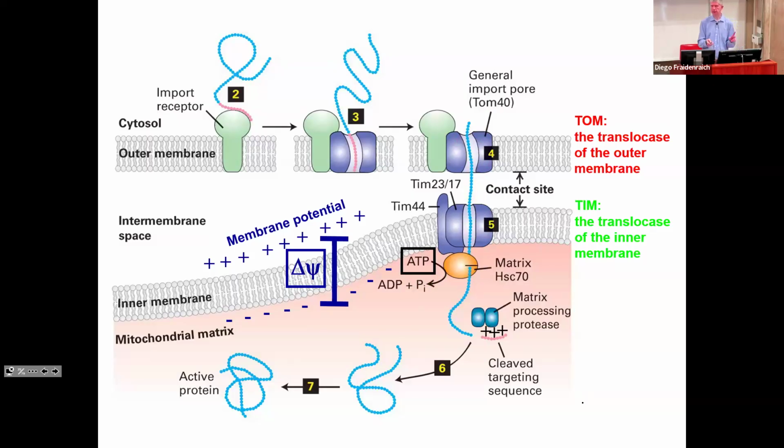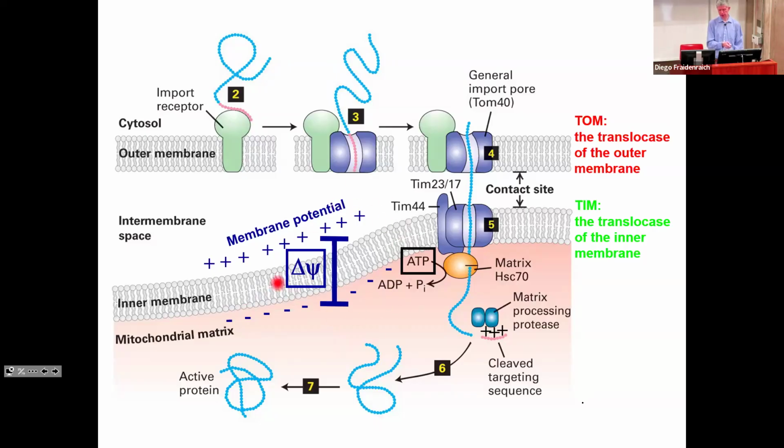And the second part is that the membrane potential plays an important part in this pulling process. You remember the mitochondrial signal sequence has positively charged amino acids, arginine and lysine.